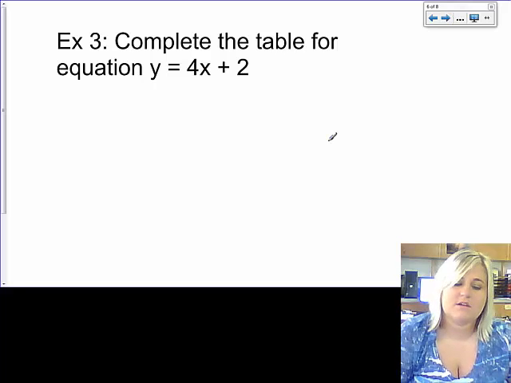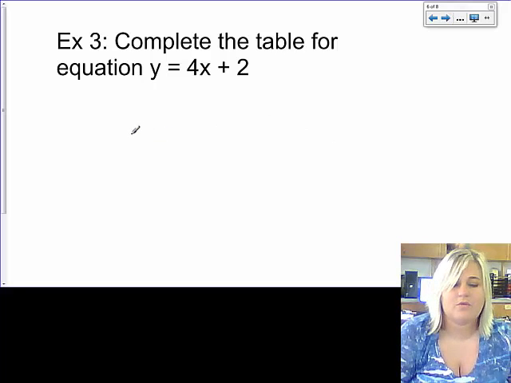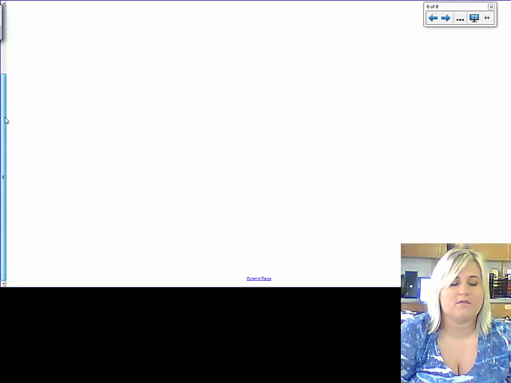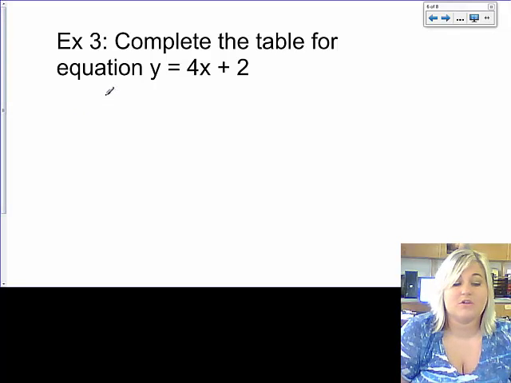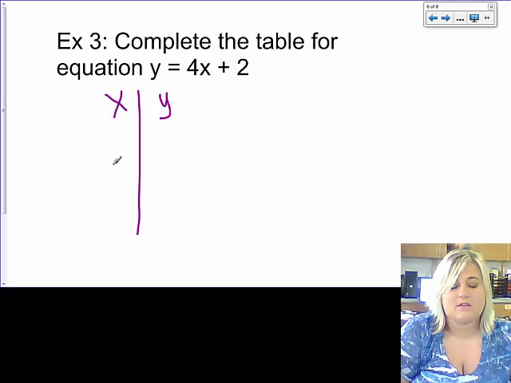So it says to complete the table for this equation. The tables, for some reason, do not save well in this document. So what you're going to do is create a t-chart here. A t-chart always has x and y. Our x is always on the left-hand side of a t-chart because that's our input. We're going to choose numbers for this and plug them in here.